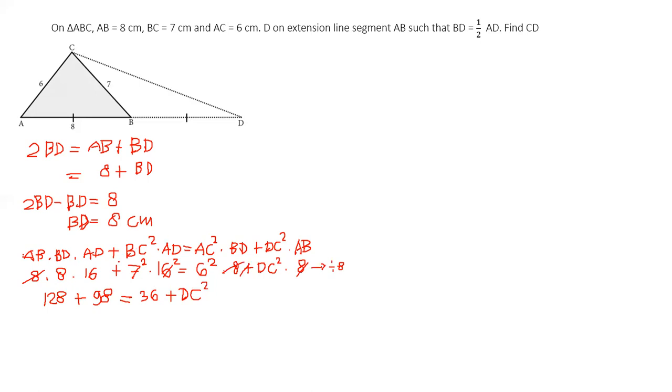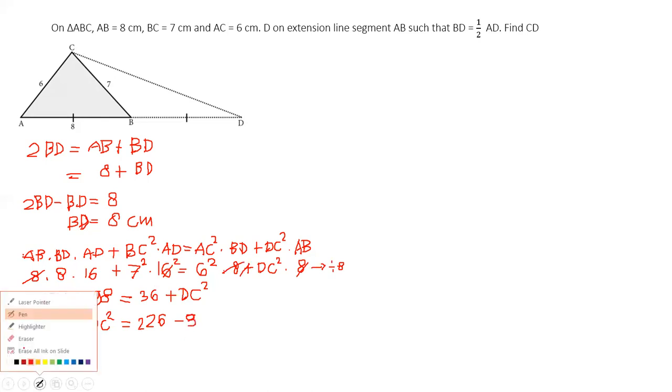So DC squared equals 128 plus 98, which is 226, minus 36, which is 190.